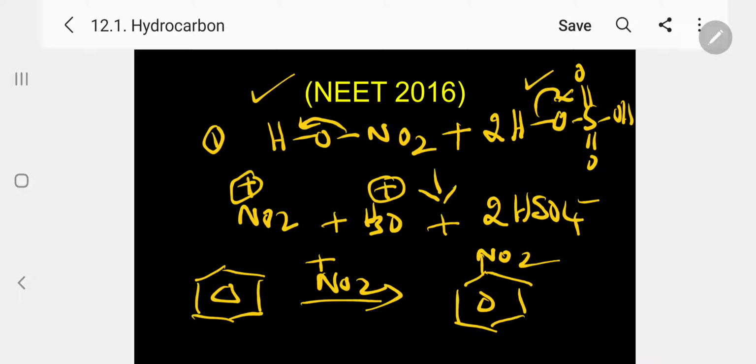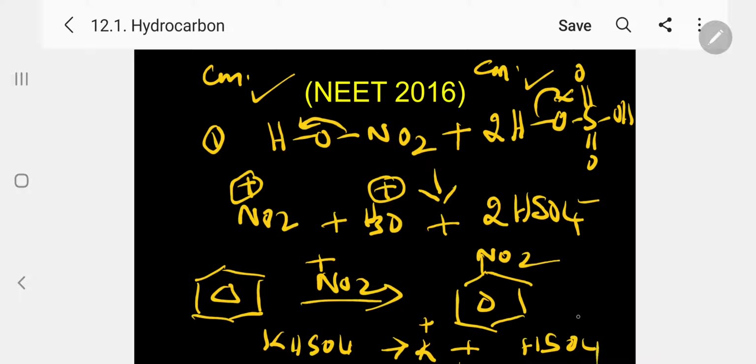Normally, in presence of concentrated nitric acid and concentrated sulfuric acid, the reaction will be faster. But when you add potassium hydrogen sulfate, what will happen? This comes from the physical point of view, the common ion effect. Potassium hydrogen sulfate is a strong electrolyte and will ionize into potassium plus and hydrogen sulfate.